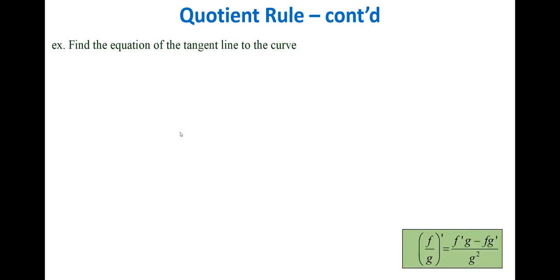Next example, bringing this up one level, in this question you're asked to find the equation of the tangent line to the curve y is equal to e to the x over 1 plus x squared. And we're finding the equation of the tangent line at the ordered pair of 1 comma e over 2.